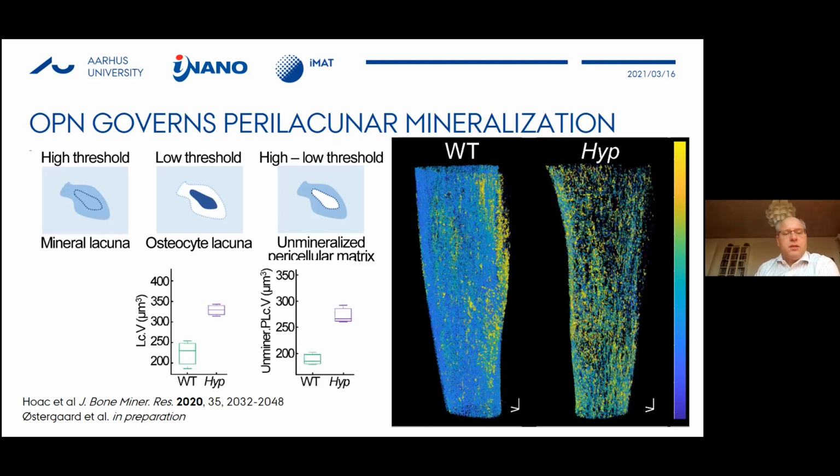So what we can see, if we compare the wild-type mouse to the Hyp mouse, is that not only is the lacuna volume itself increased from roughly 225 to 325 cubic microns, but there's also this halo around the cells, which is rather large in these Hyp mice, and that reflects exactly the human condition, in fact, in this X-linked hypophosphatemia.